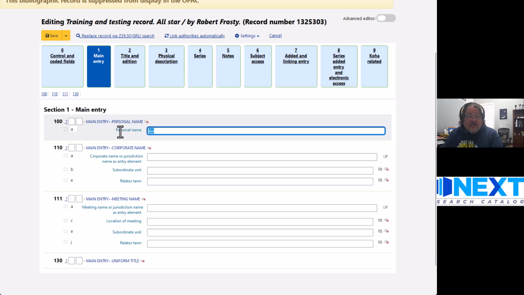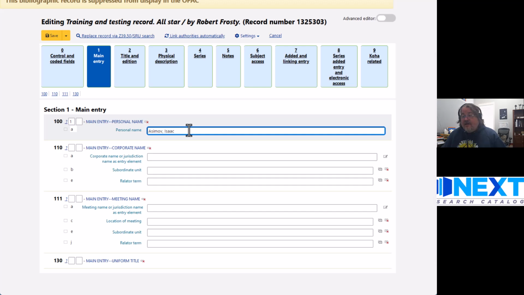If we do Asimov, Isaac, once we take the cursor out of the personal name field, it will give us a 1 there, because for a name that is expressed as last name, comma, first name, the indicator is supposed to be 1, indicating that the first word in this is the person's surname.